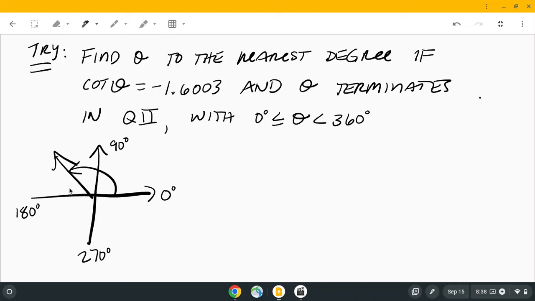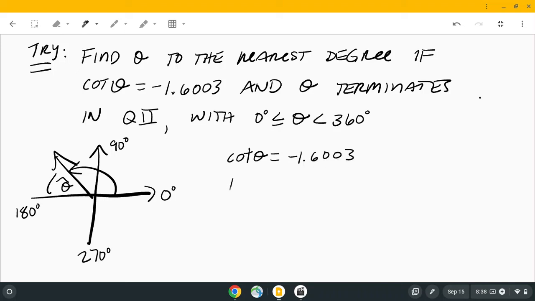This one here is our theta hat. Okay. So theta hat, we're dealing with a cotangent. So let's work this out step by step.